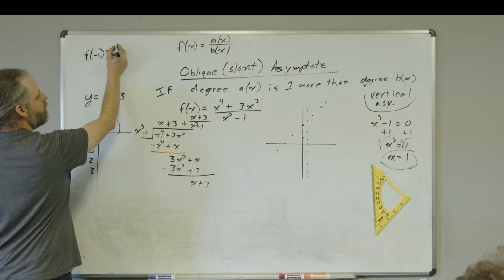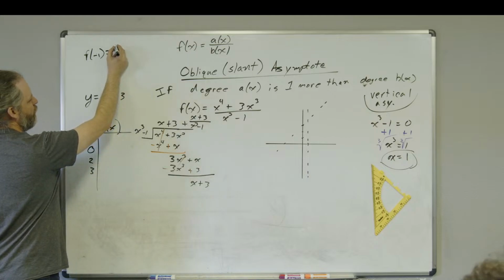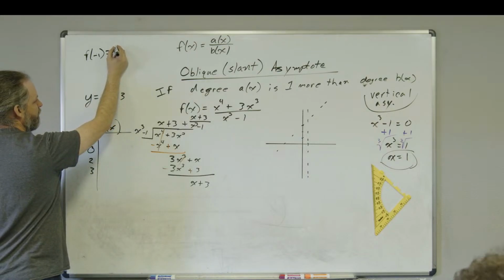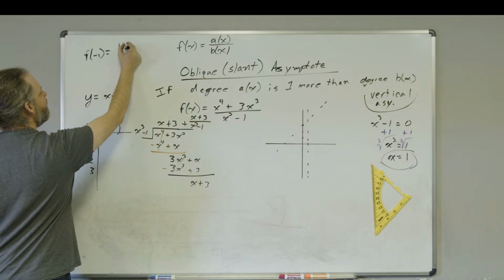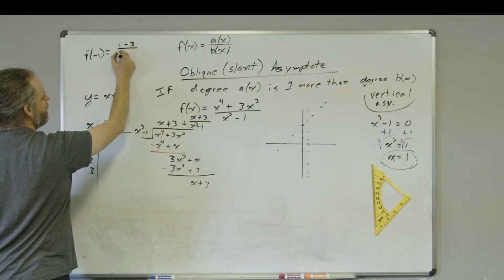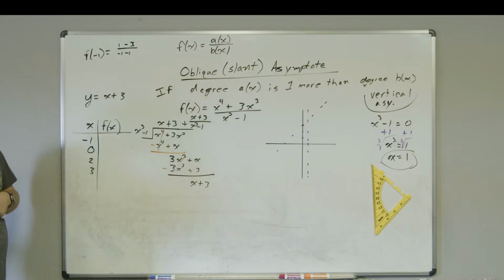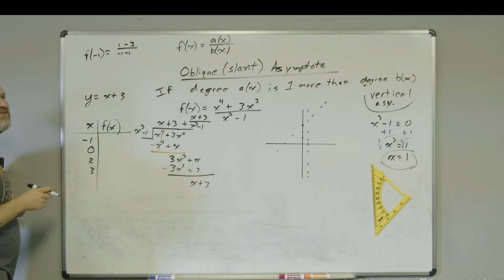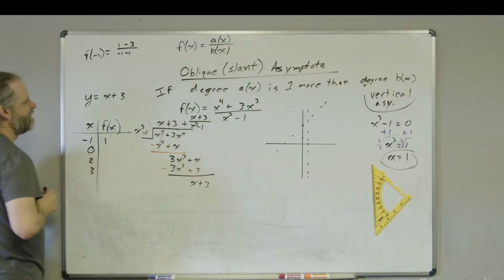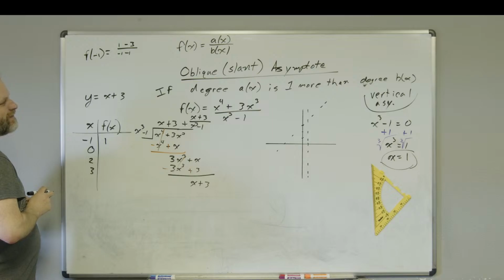What is -1 to the 4th? It's 1, that makes it even. So 1 minus 3 over -1 minus 1. What's -2 divided by -2? 1. We like 0.